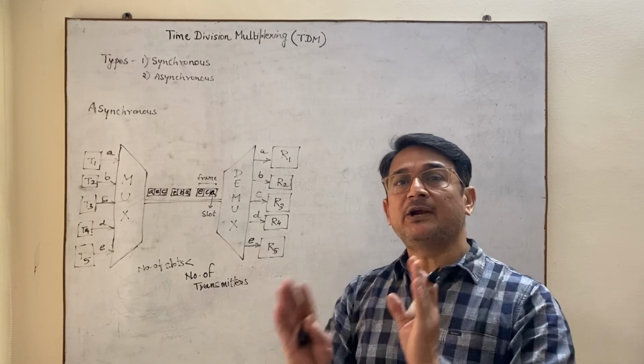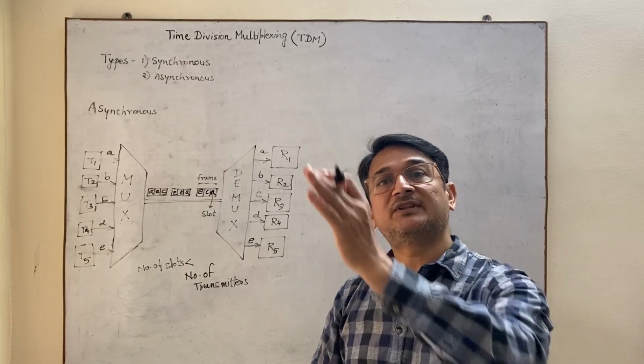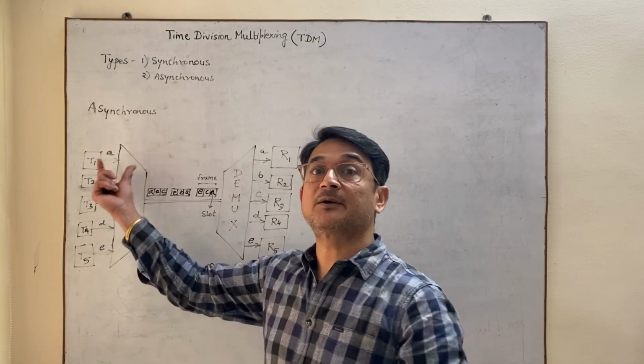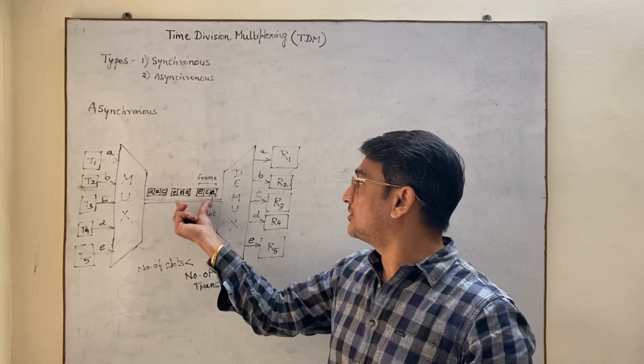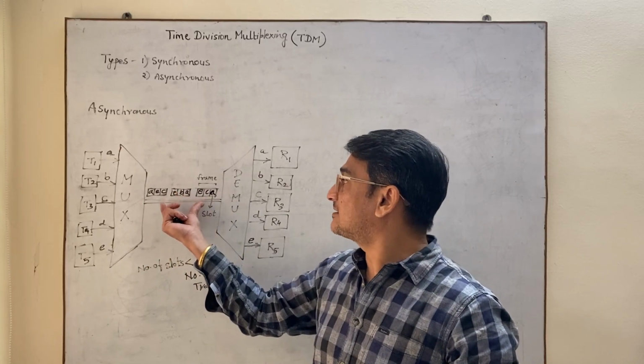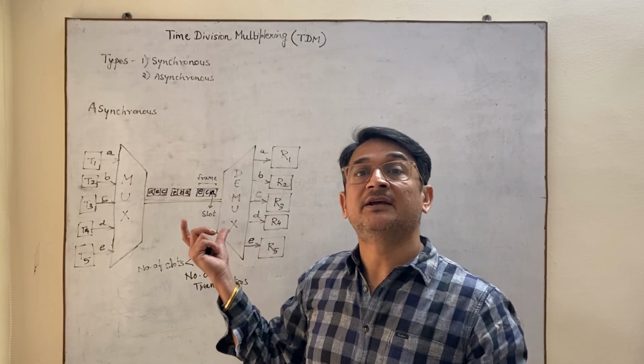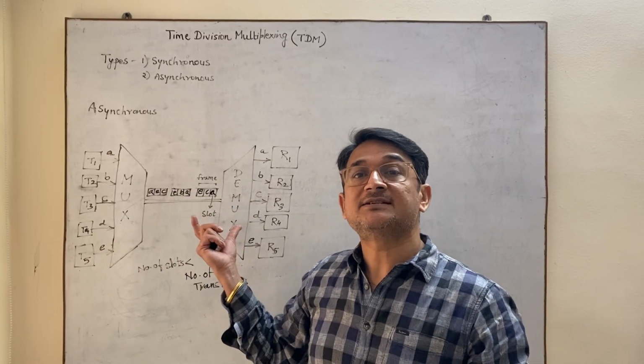So we have filled all the data, and the problem of the empty slot is overcome in this method. But another problem arises: how will the receiver understand in which slot its data is?